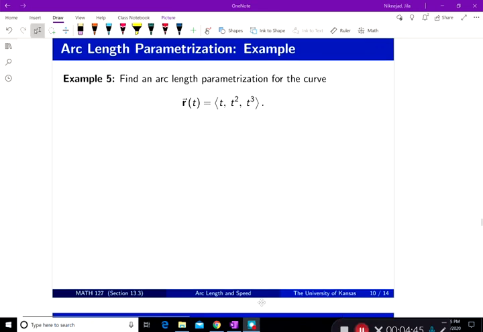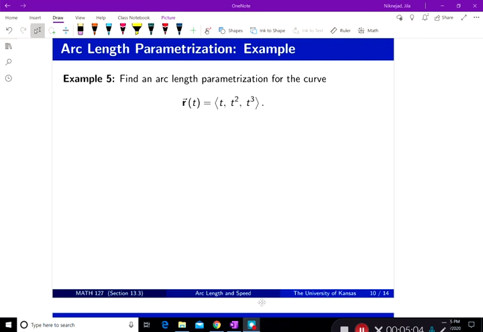So arc-length parameterization, example 5. This is section 13.3, and we're trying to find the arc-length parameterization for the curve r of t, with the first component t, the second t squared, and the third t cubed.